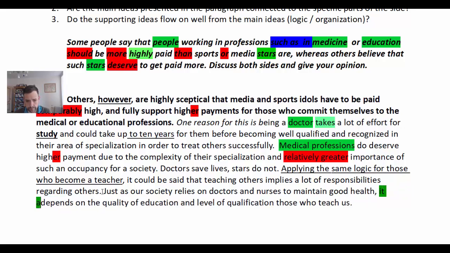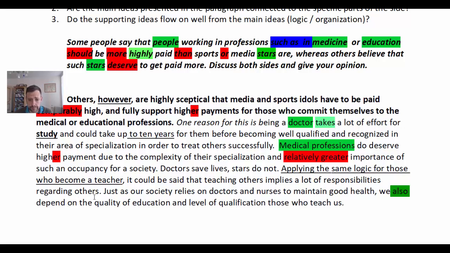It also depends on the quality of education, level of qualification of those who teach us. So maybe as we have us at the end here, it might be better to put we also. We also depend. Okay, so by putting this doctor and nurses here with the same sentence, then we achieve the same effect as a summary. We're linking the two ideas together. And that is a good idea. It is a good idea.